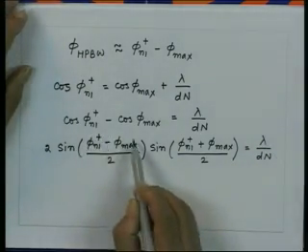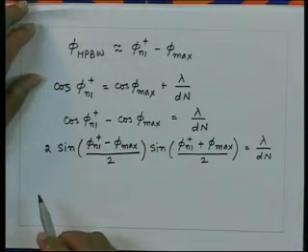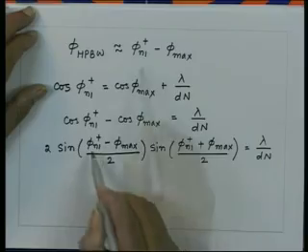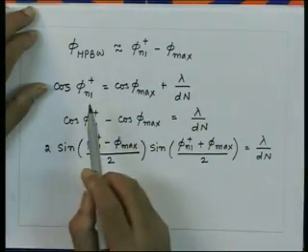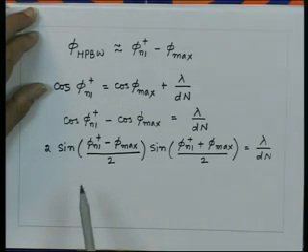Now, this quantity, as we said, is nothing but the half power beam width. So I can now substitute for phi n1 plus as the half power beam width plus phi max.